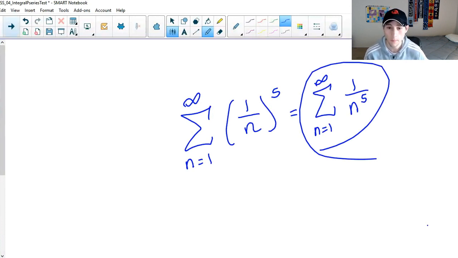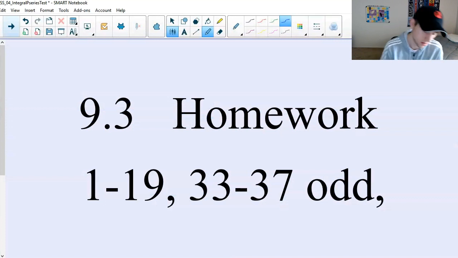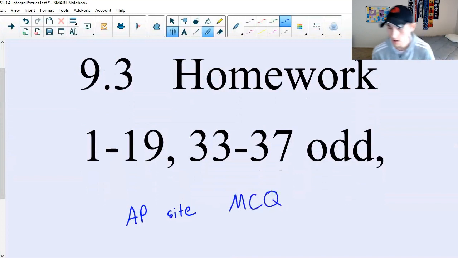This is our homework. So this is the homework pertaining specifically to this section, the P series and the integral test, if you want to practice those. It's just those two. I also assigned you a multiple choice question progress check on the AP site.